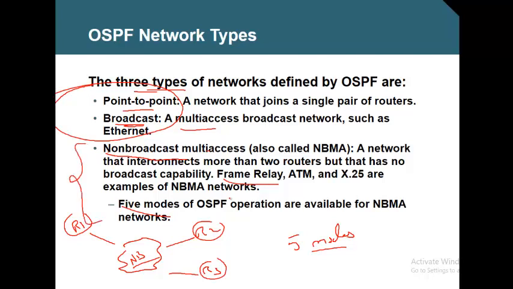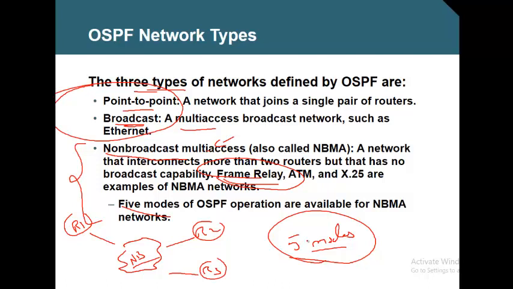Even though we don't have this frame relay, even though it's an outdated one, we don't have a non-broadcast environment now. Right. We still learn this just to understand these 5 modes so that you can use any of these modes in your point-to-point or your broadcast environment.